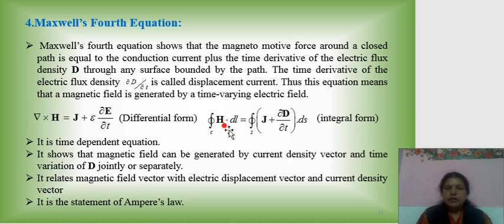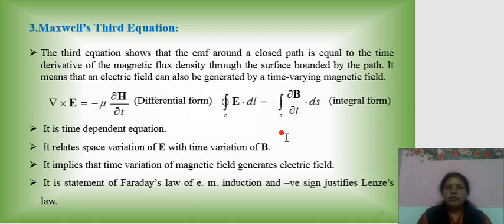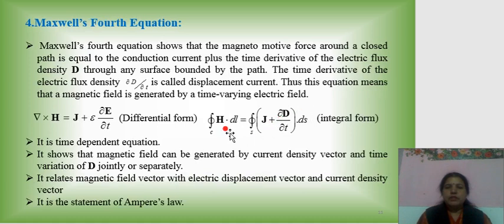In the third equation we studied that the electric field is generated by a time varying magnetic field, and here in the fourth equation the magnetic field is generated by a time varying electric field. There is a term of time, hence it is called a time dependent equation.